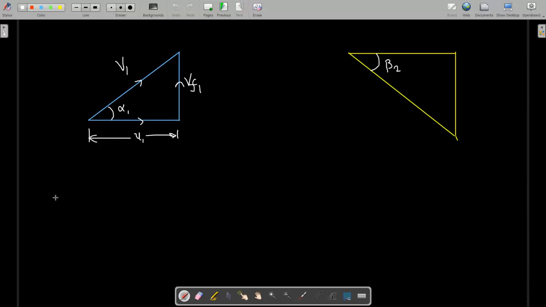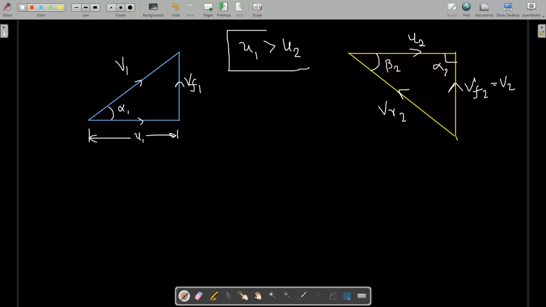So this is beta 2 and this is relative velocity Vr2, and this vertical component is Vf2, and this angle is 90 degree alpha 2, so we can also call this the absolute velocity, and this is U2, that means the peripheral velocity of the runner at inner diameter. Okay, and here U1 is greater than U2, so you can understand here.